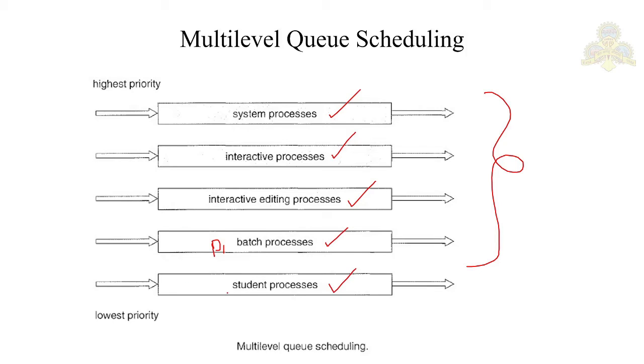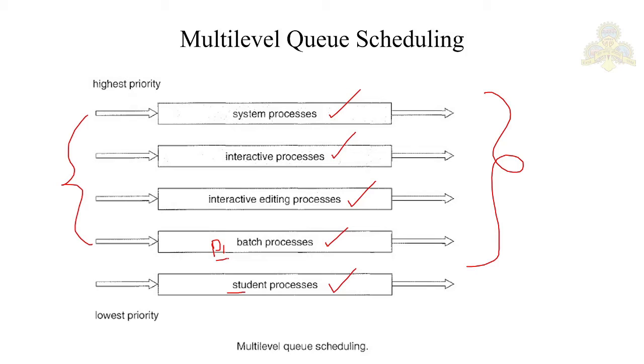Or say suppose you want to execute some process in the student queue, that means these four queues must be empty, then only you can start executing the processes which are there in the student process queue. Okay. Now let's assume that we are executing this process p1 which is in the batch queue.